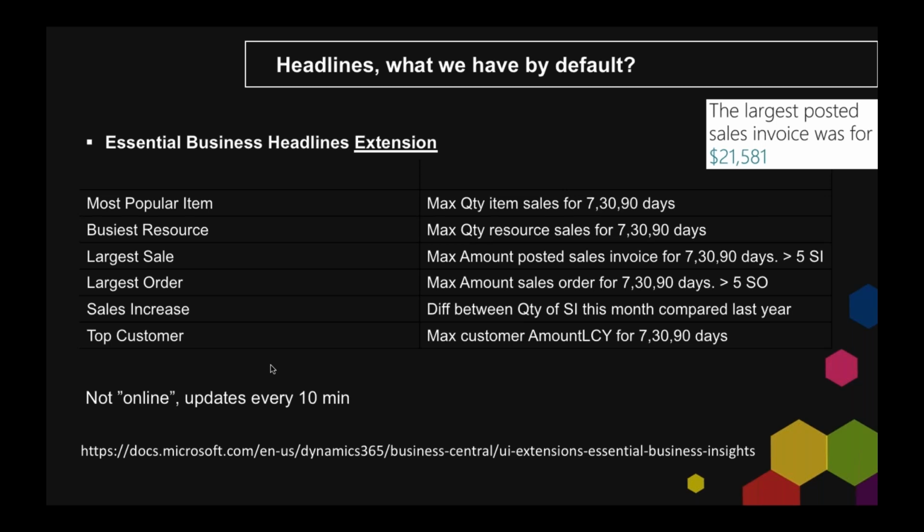In my view, sales increase must show us whether our sales amount increases or decreases between the current month and, for example, some other month. But in the standard logic, it's a little bit different. It shows us the quantity of sales invoices, whether they increase or not. So for me it's strange, but maybe it's only my opinion.